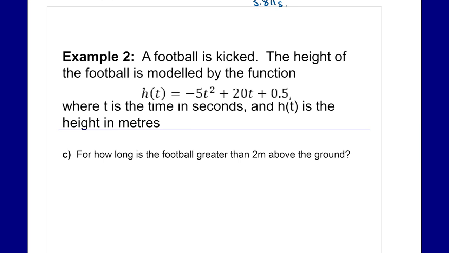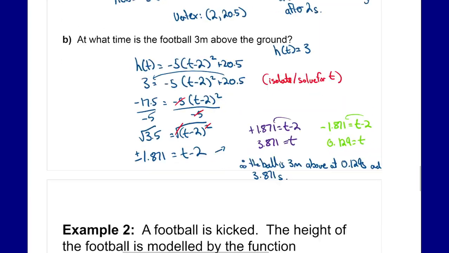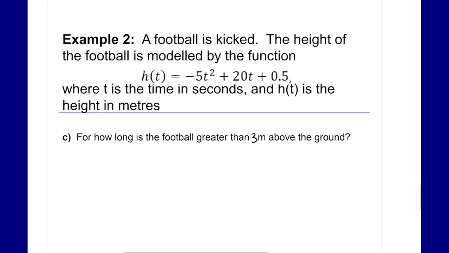Part C. Again, just for ease of the question, I'm going to change it from 2 to 3 so we can keep consistent with our other one. So we can go through and use the same answers from the last one. From part B, our two answers for when the ball was at 3 meters were 0.129 seconds and 3.871 seconds.